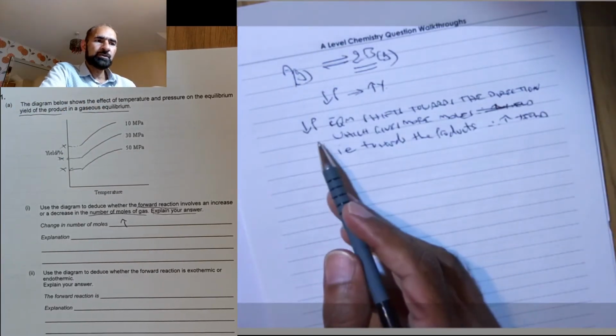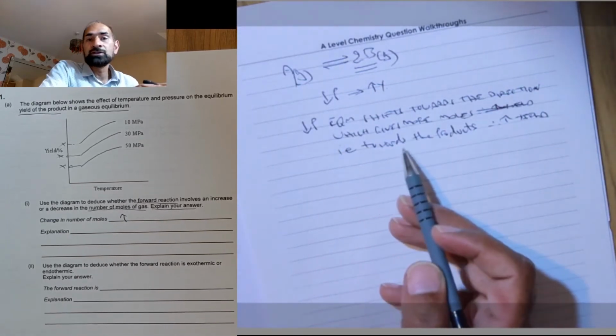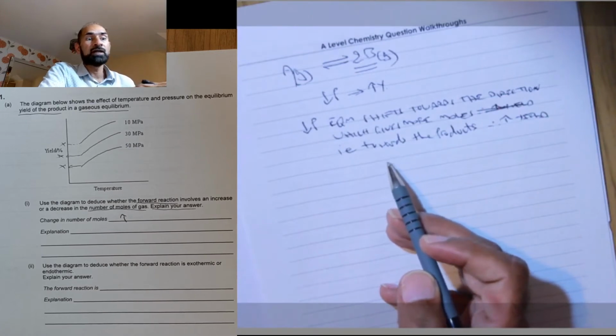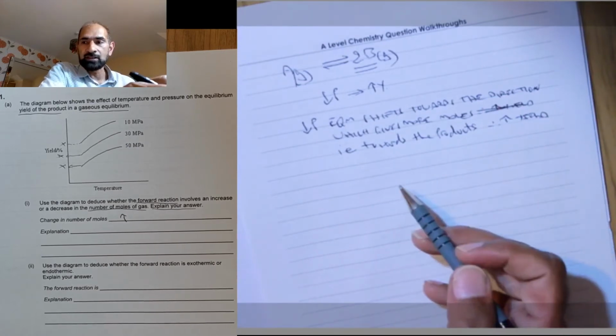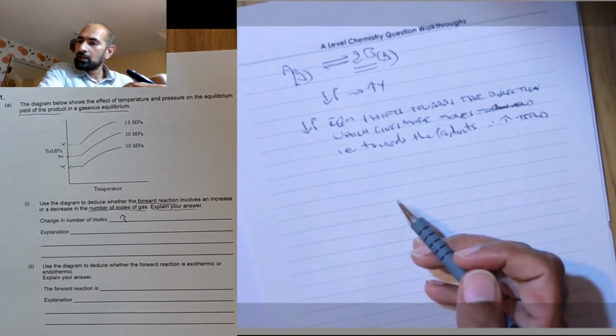Okay, so as you decrease the pressure, the equilibrium will shift towards the direction which provides more moles, i.e. towards the products, and therefore increases the yield. That's your explanation.